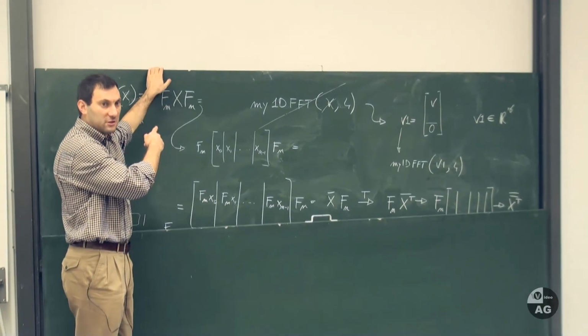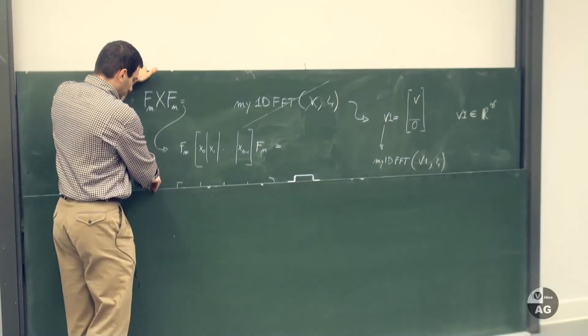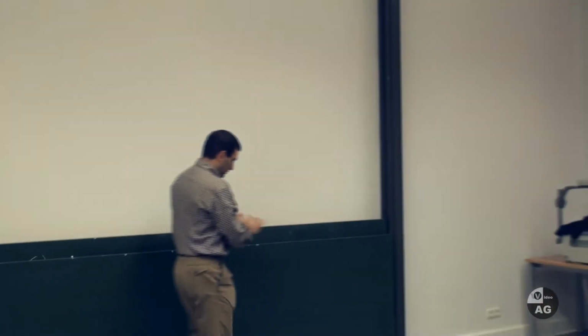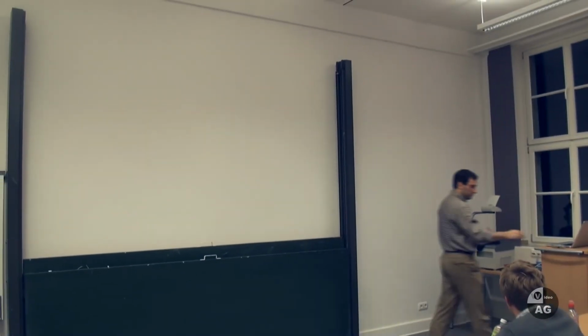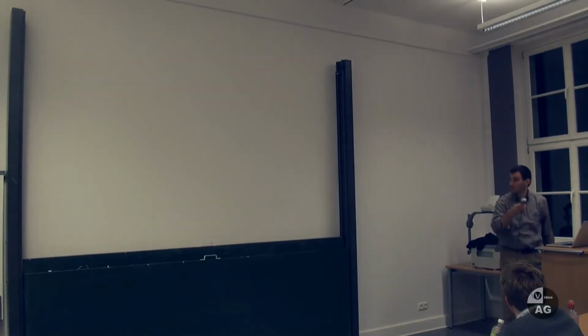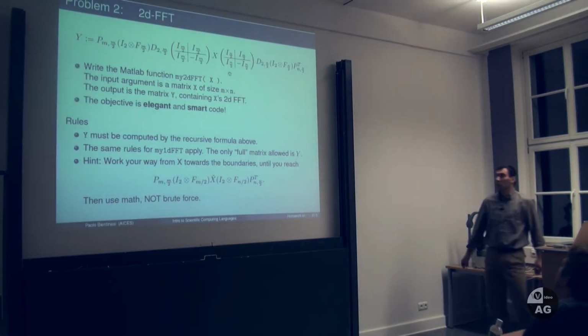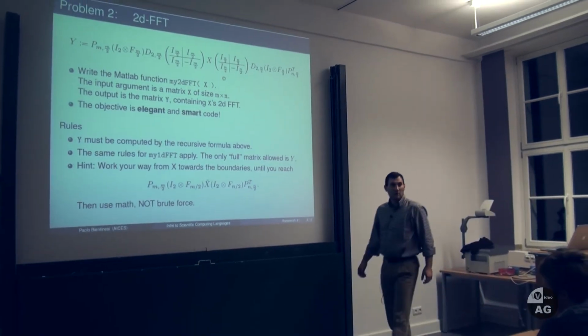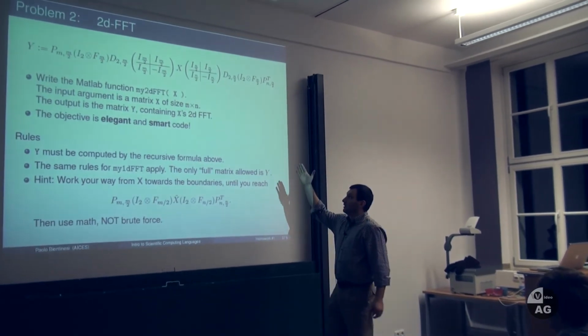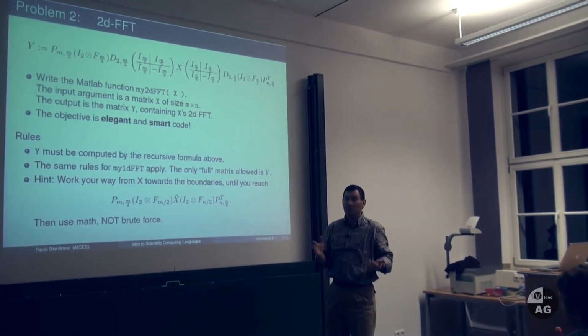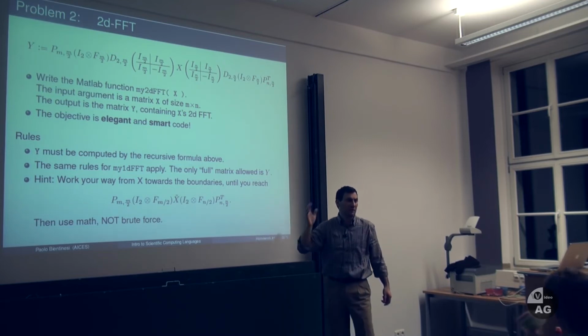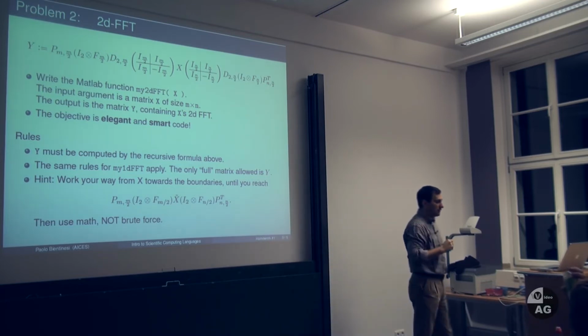That is what I'm forcing you to do as an assignment. This is a way of computing a 2D FFT, decomposing the problem recursively without actually going down in dimension.